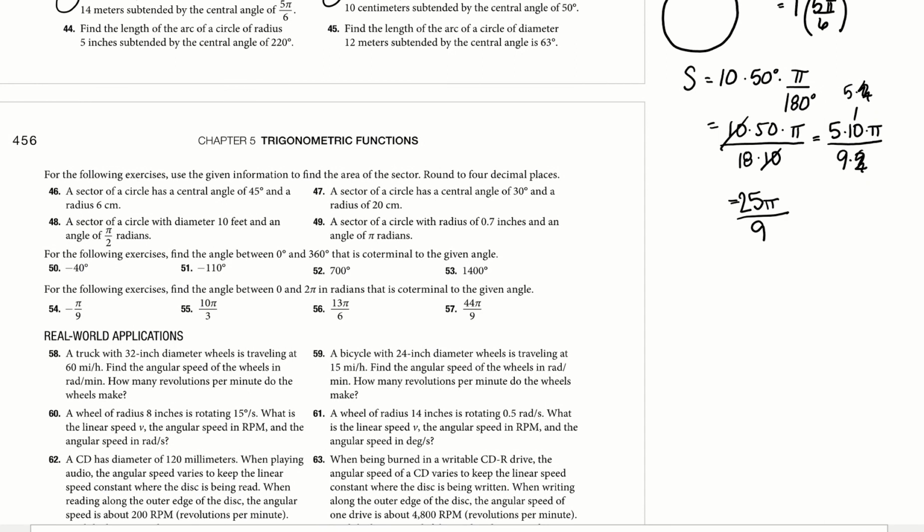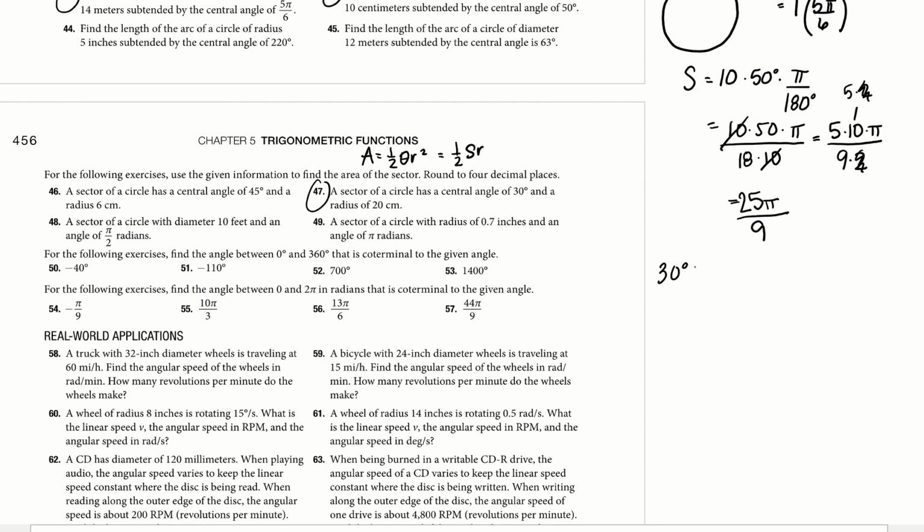Okay, you can do the same thing with the area of a sector. Remember, the area of a sector is half theta r squared. It's also half arc length times r. So we'll do one in degrees. Here we go, 47. They're giving us a 30-degree angle.